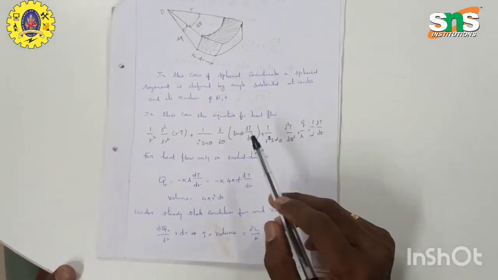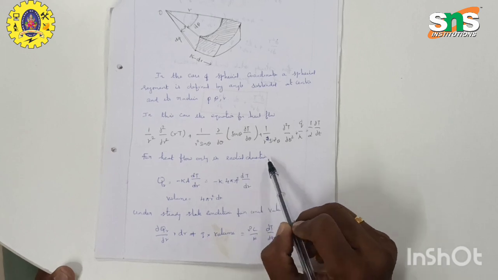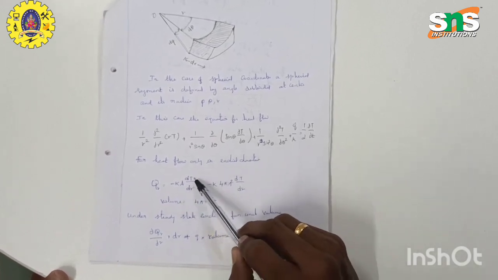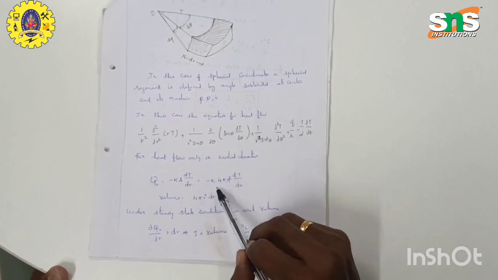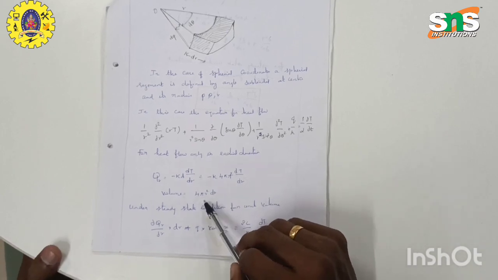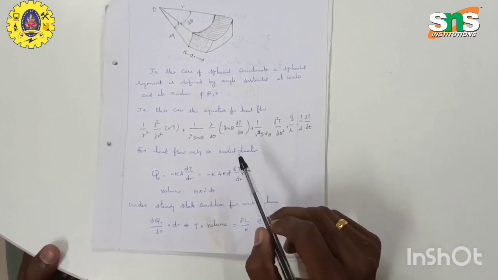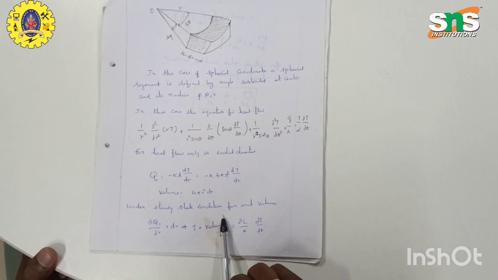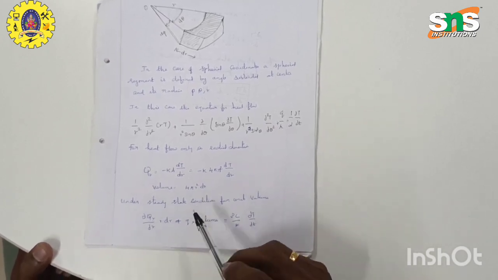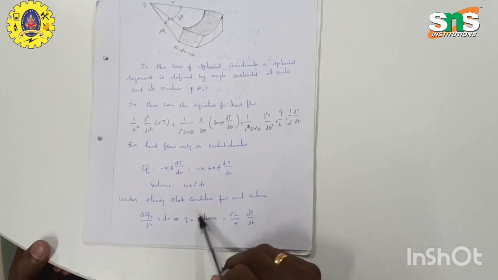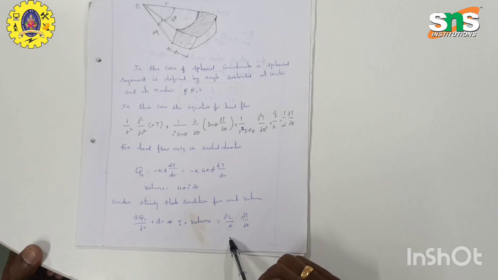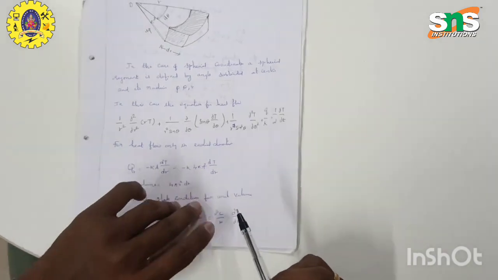So for heat flow only in the radial direction, Q_r is equal to minus kA dou T by dou r, which is equal to minus k 4 pi r squared dou T by dou r, and the volume of the element is 4 pi r squared into dr. Under steady state condition, for a unit volume, dou Q_r by dou r into dr is equal to q dot into the volume of the spherical element, which equals rho c by k dou T by dou t.